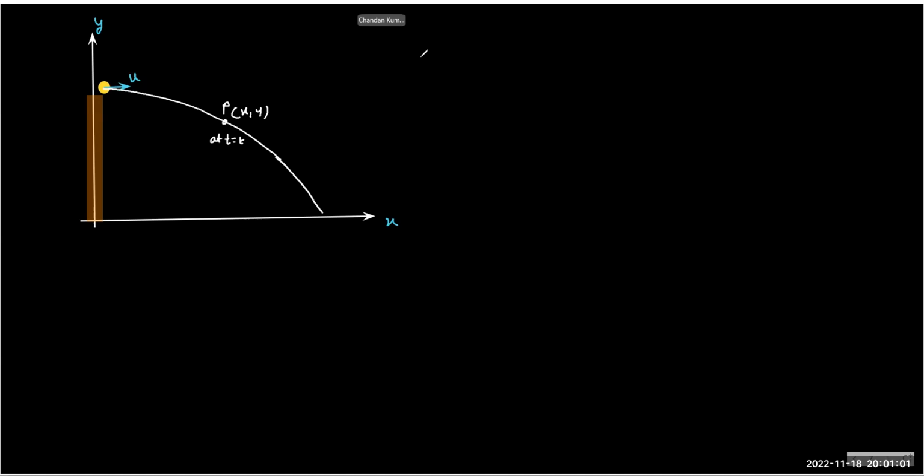Tell me what should be the answer? ut. ut, because the x displacement is anyway due to the u itself. The gravity will never let you go in x, right? Or you can use the kinematical equation x minus x naught equals to ux t. x naught is 0, ux is u, t is t, acceleration is 0. This is pretty much simple. x equals to ut.